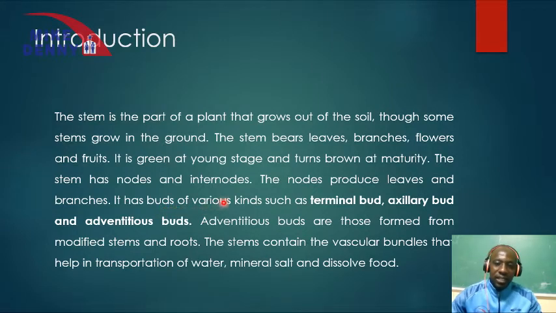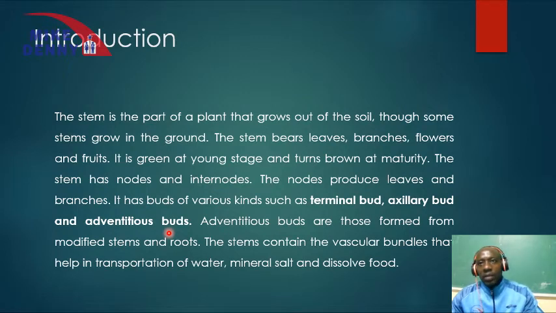Some of the buds here, we have terminal buds. We saw this in the structure of the flowering plant. Axillary bud, we equally saw that. Then adventitious buds. We say these are buds formed from modified stems and roots.